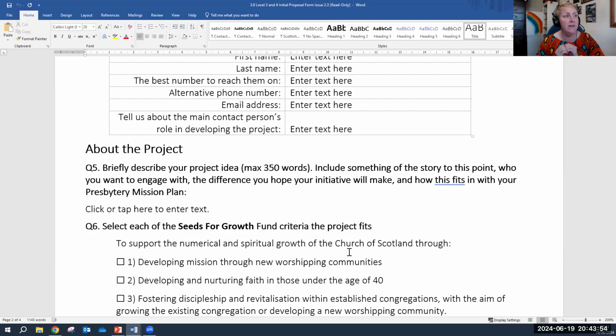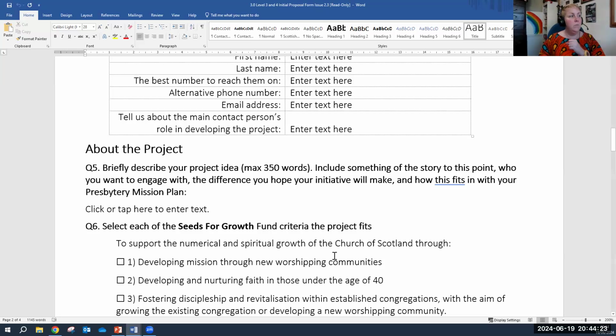So you will see here that it says include something of your story to this point, who you want to engage with, the difference or differences, I would say, that you hope your initiative will make, and then how this fits in with your presbytery mission plan. So there's 4 subsections there. We would be looking for you to touch, even if it's just a sentence, on each of those, please.